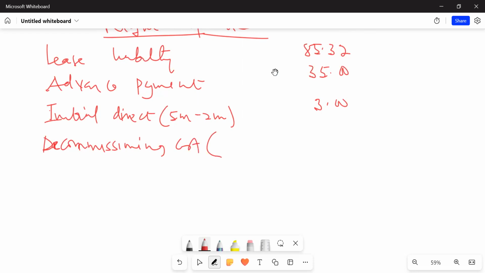So what we are going to do is that we find the present value of the 4 million, and the present value is going to be calculated as 4 million divided by 1.12 exponent 3.